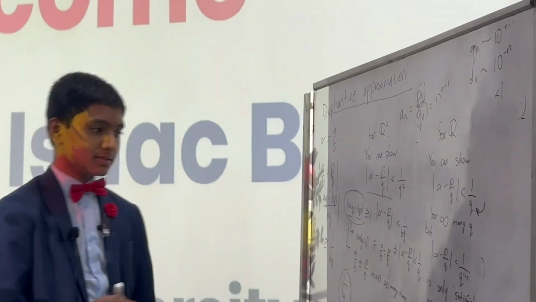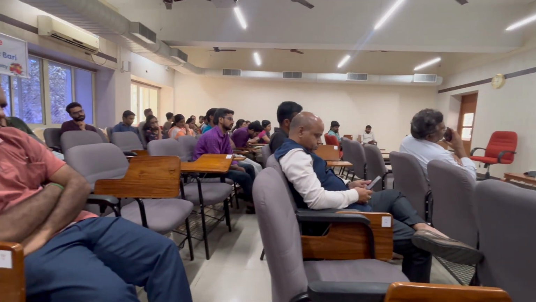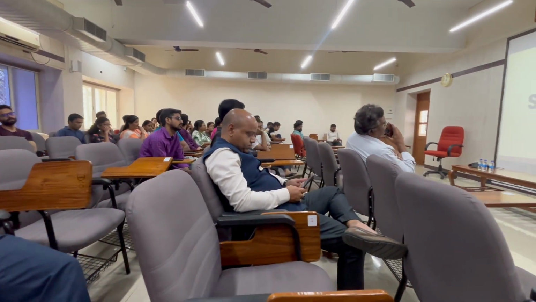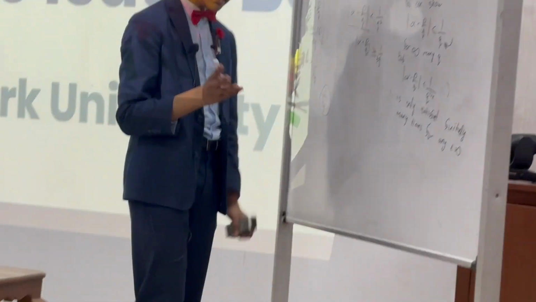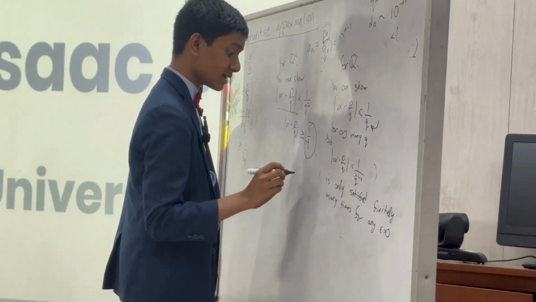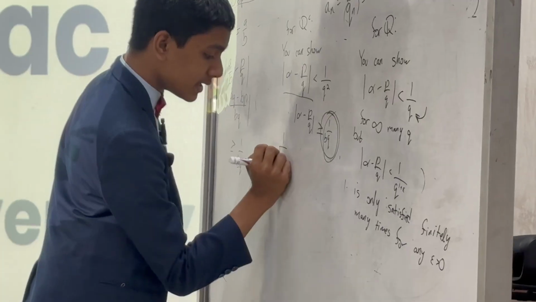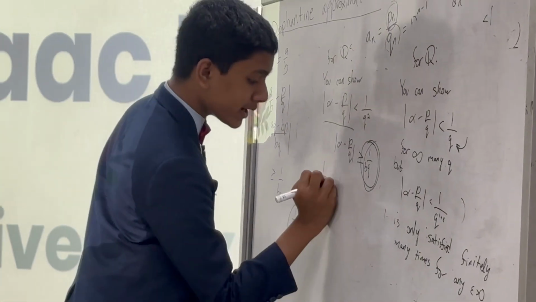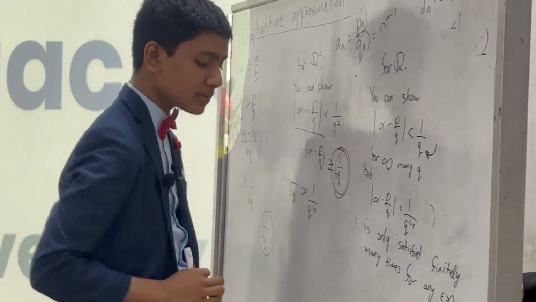But the problem is we've now shown that it's greater than or equal to. So, at minimum, it's worse than this. And of course, if it's worse than this, 1 over bq at some point will be greater than 1 over q to 1 plus any power.